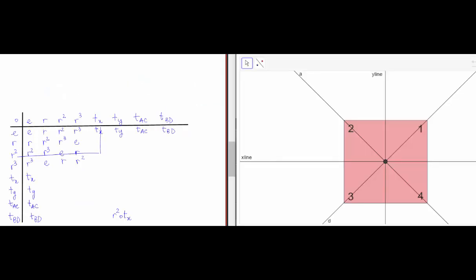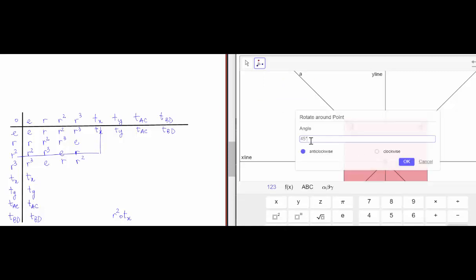Okay, so let us first apply reflection through the x-axis. So we'll take this and then we'll reflect through the x-axis. Okay, now we will rotate counterclockwise by pi over 2. No, by 180. Sorry.